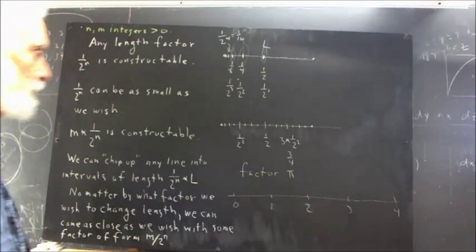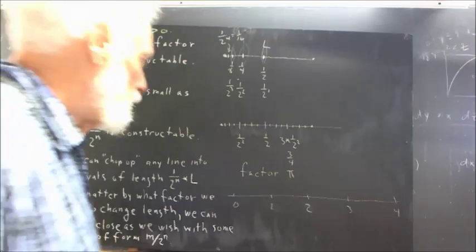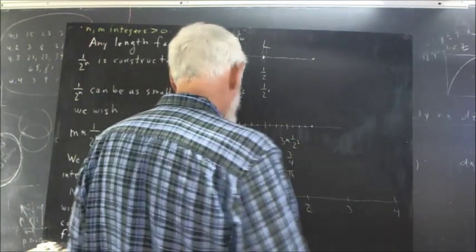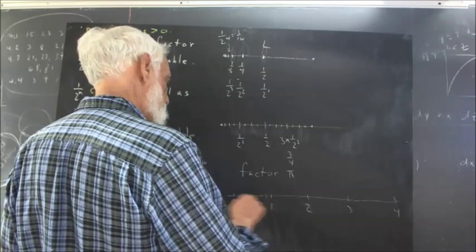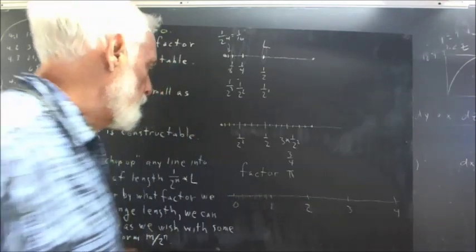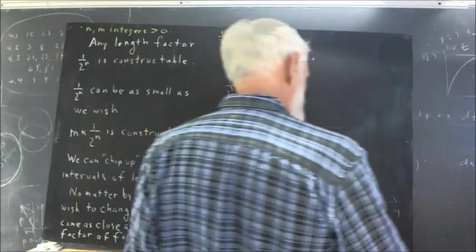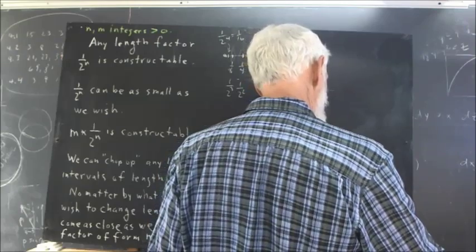Well, pi turns out to be one of those numbers that you're never going to construct. But we can subdivide a bunch of times. And of course, we can then do the same subdivision on this interval here.